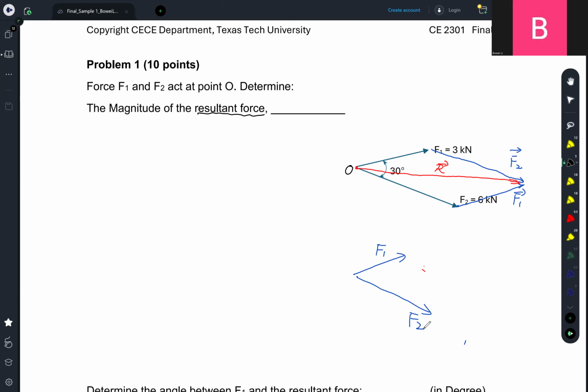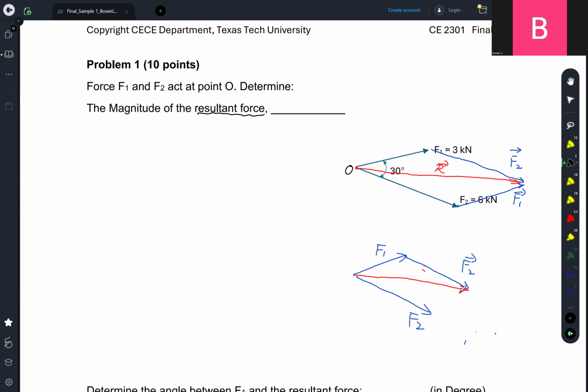For example, you can move F2 such that its tail is at the head of F1, which will make it look like this. Now I have the new F2 such that its tail is at the head of F1. Then the resultant vector will be from the tail of my first vector to the head of my last vector here.